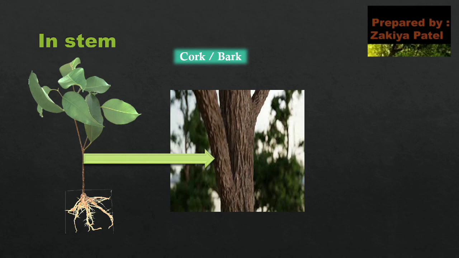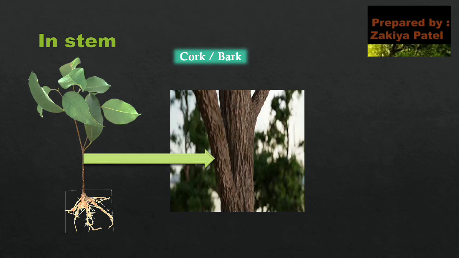Now the cells of these layers are generally dead, they are not living cells. Cells of these layers are dead and compactly arranged without any intercellular spaces. Now the question is, if these cells are dead and compactly arranged, from where does the gaseous exchange and removal of water occur from the stem?